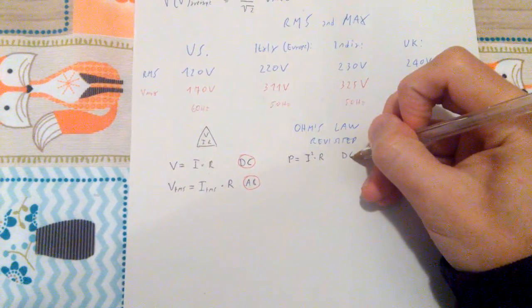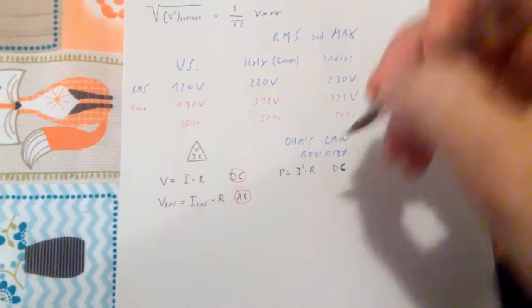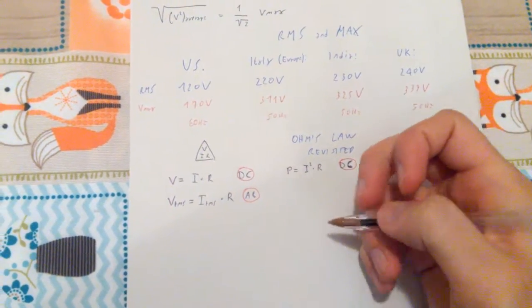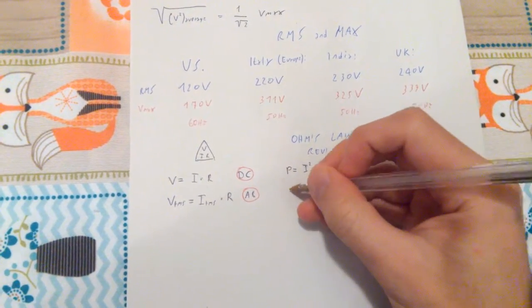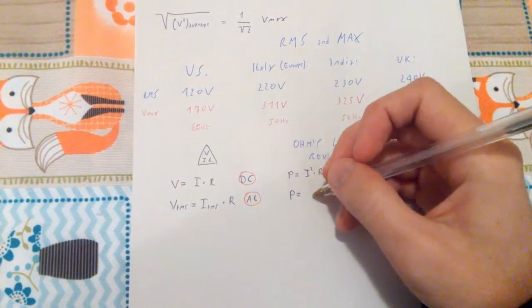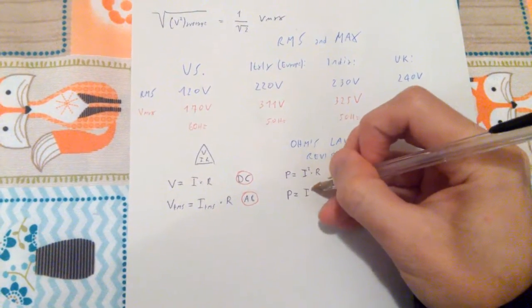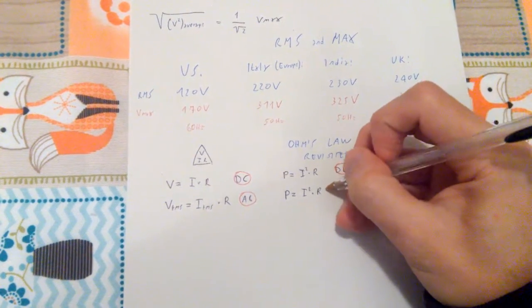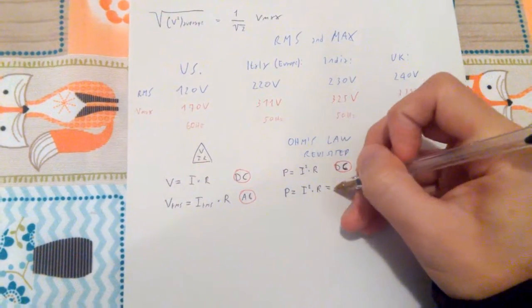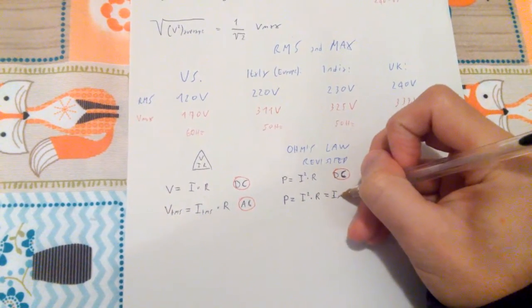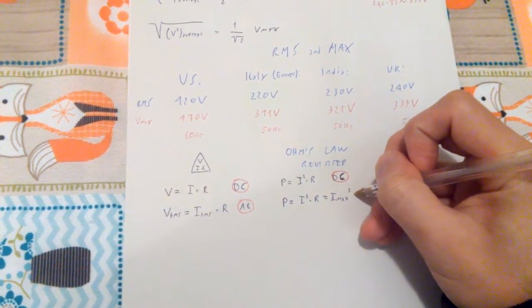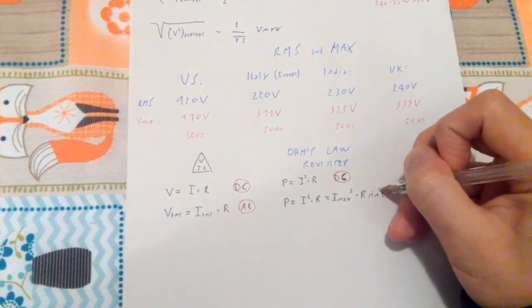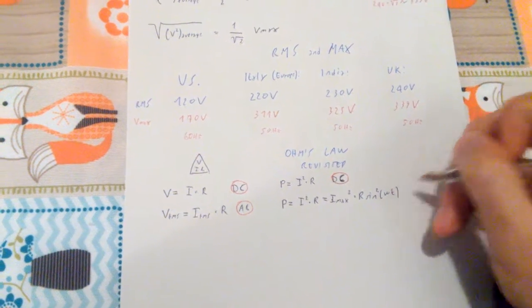For AC, you can still use it, but if you just want the instantaneous power, it will become I max squared times R sine squared of omega t.